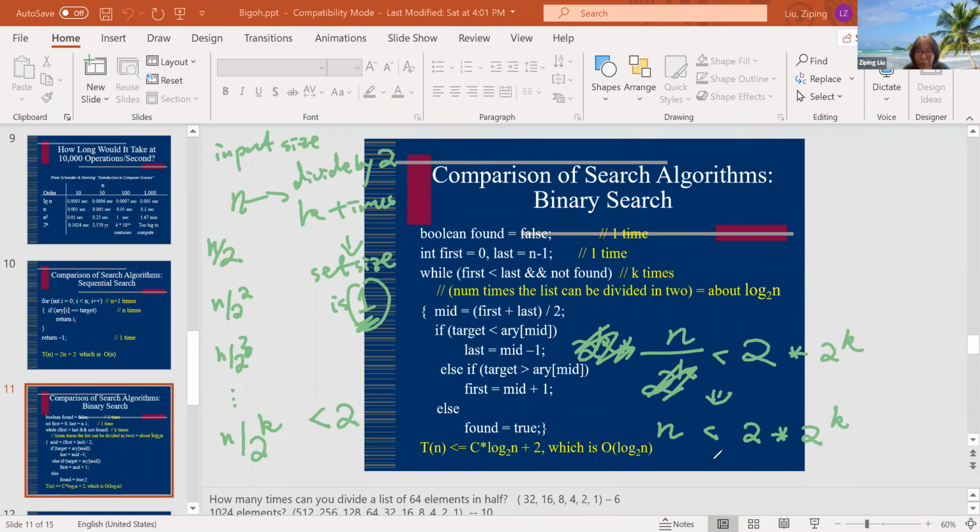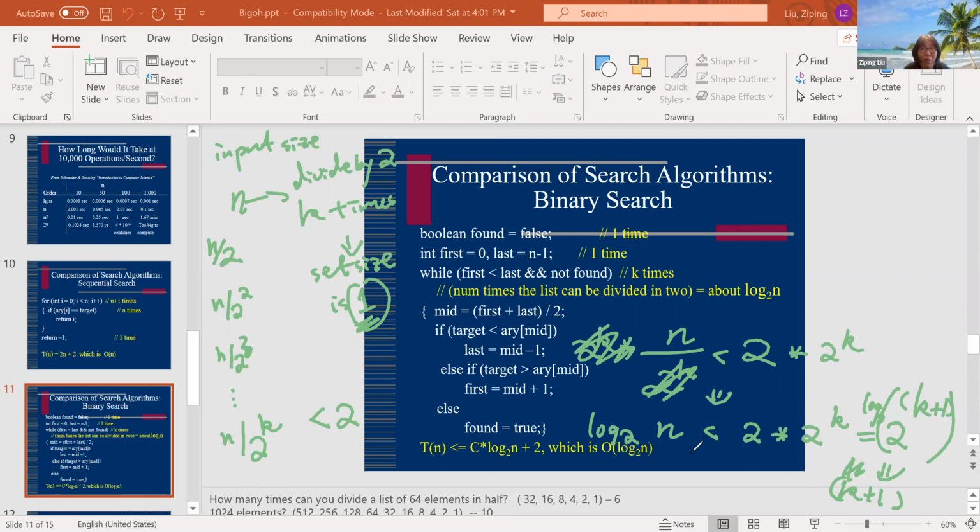And what is this? This is 2 to the k plus 1. And we can take log 2 on both sides at the same time. What is log 2 to the k? This is k plus 1.